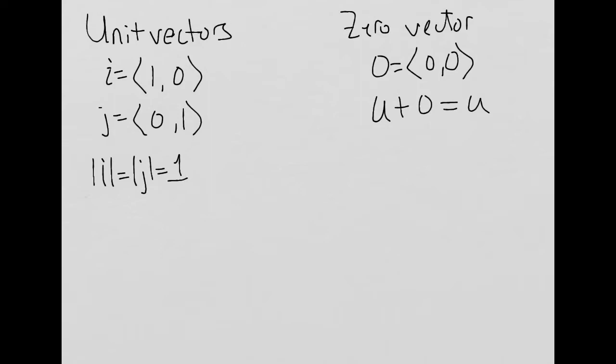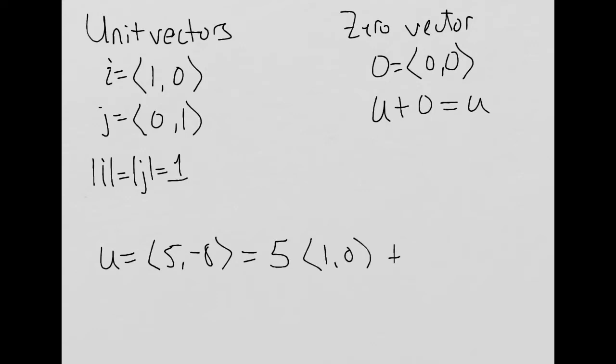So that's why we call them unit vectors, but it's handy because suppose I had u was 5, -8. That's really the same thing as 5 times 1, 0, plus -8 times 0, 1. So sometimes you'll see these vectors written as 5i minus 8j. We can represent them this way, and sometimes for some of the operations we'll see in the next section, it helps us keep track of it.